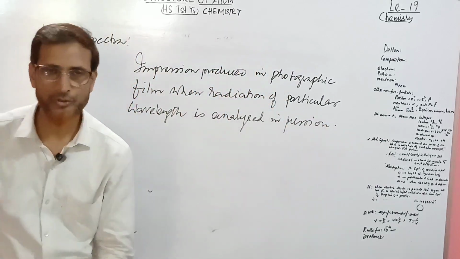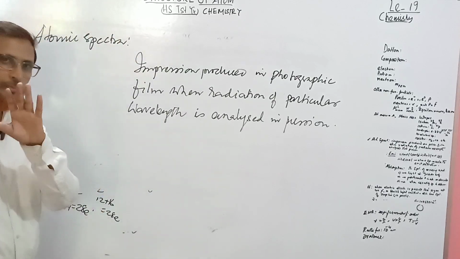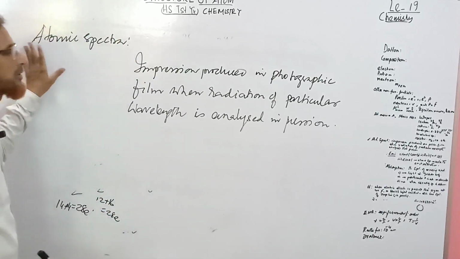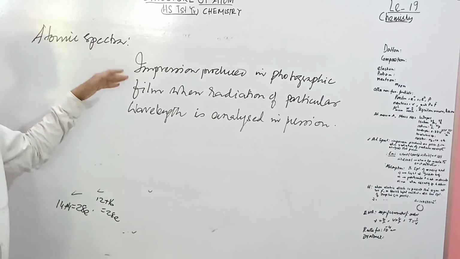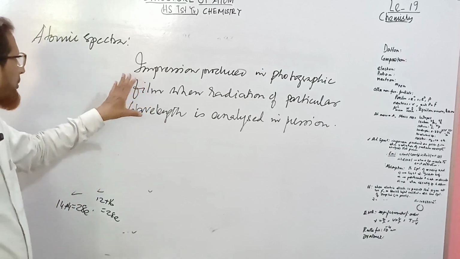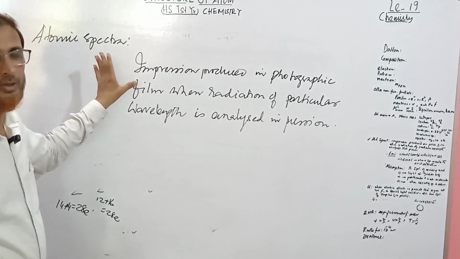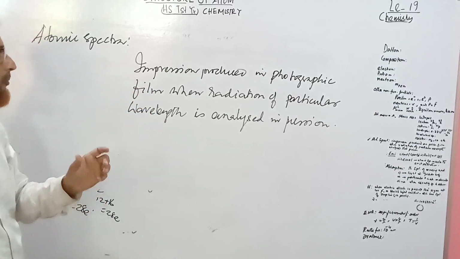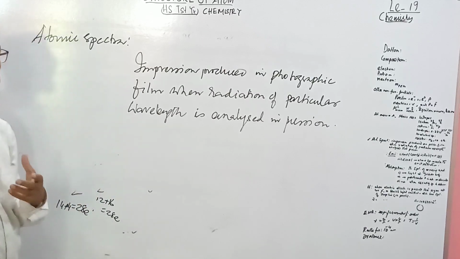Very often you will come across this term, which may not be known to you: atomic spectra, molecular spectrum, a lot of terms of spectra. You will get it later on, but beforehand I am just coming to the point. What does atomic spectra actually mean? From the atom there will be a spectra.